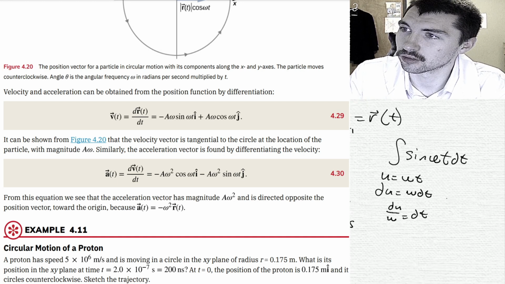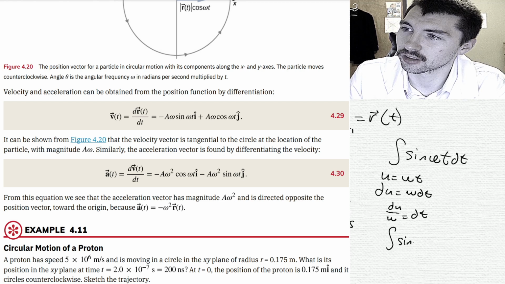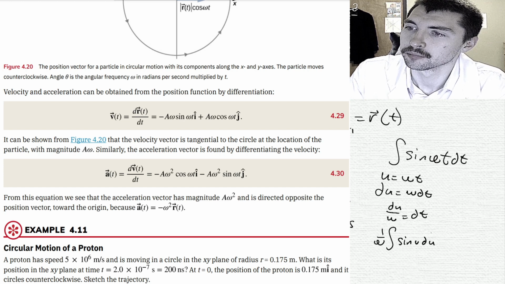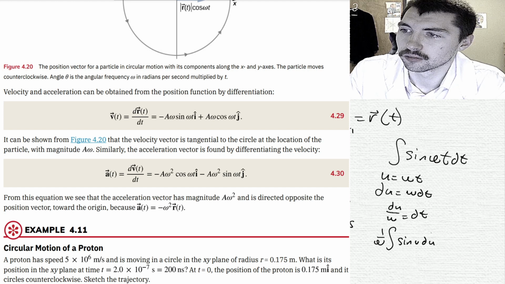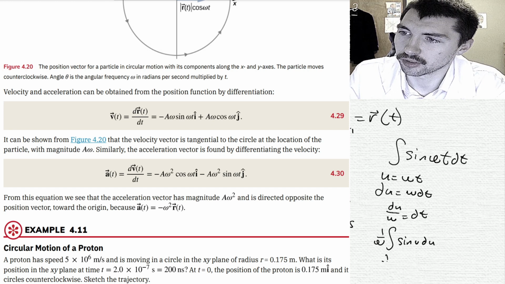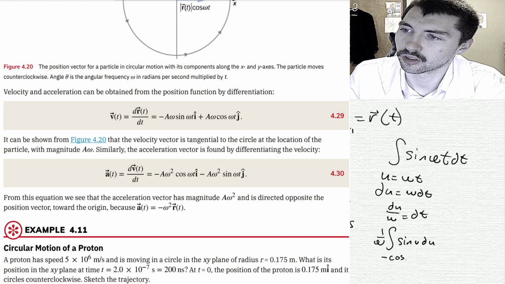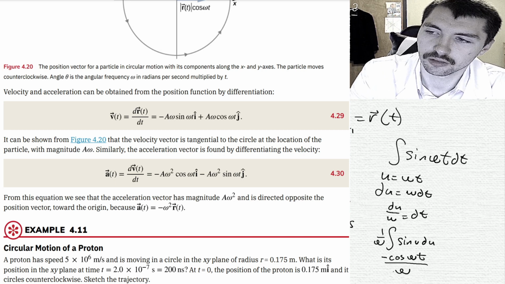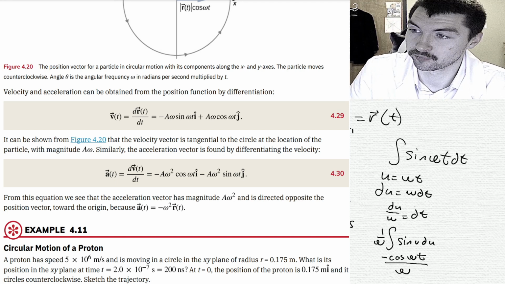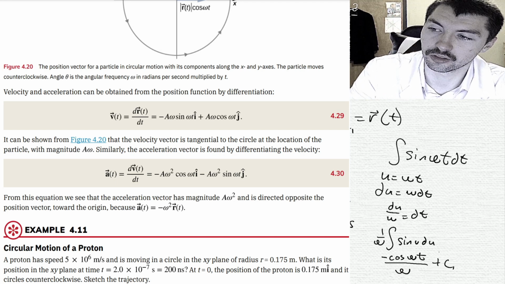So it will be sine u du times 1 over omega. So that would be negative cosine omega t over omega, plus a constant.